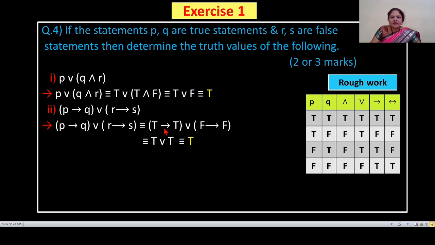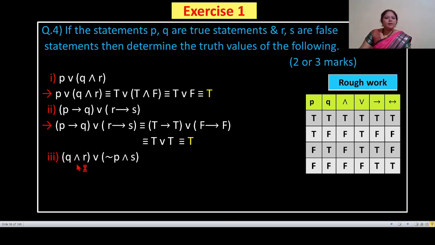And therefore T implies T is T, or F implies F. F implies F is T. And we know that T or T is T.